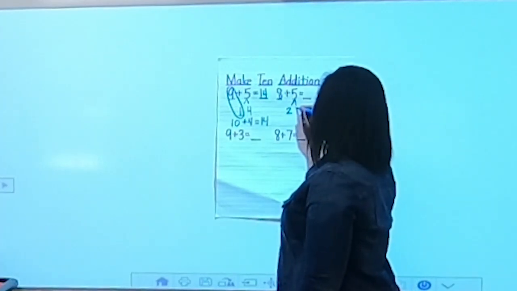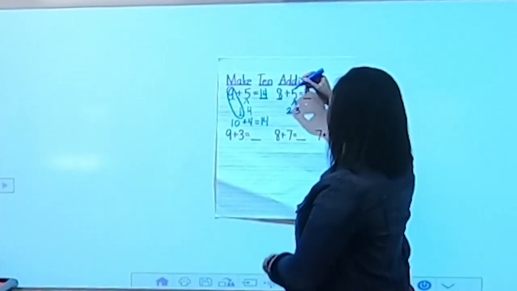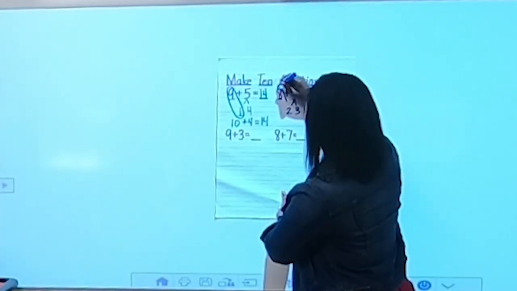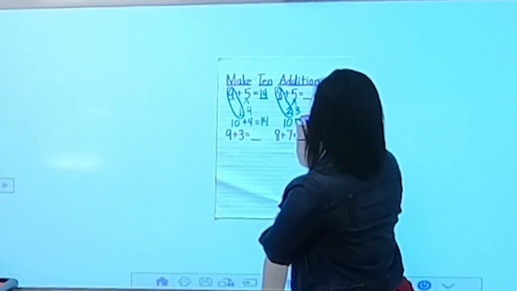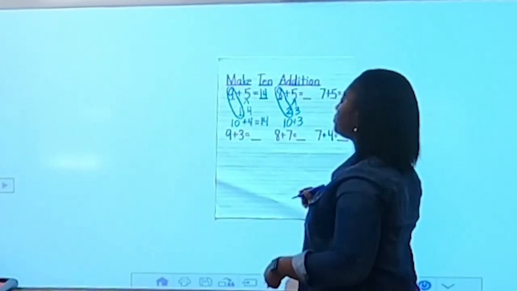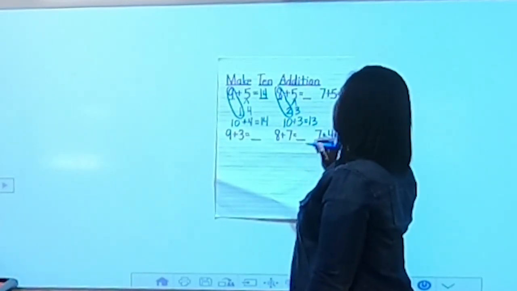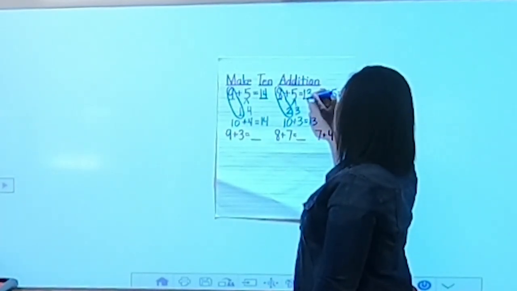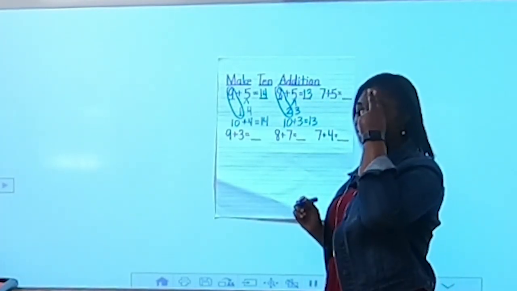Very good. 2 and 3 makes 5. Our next step is to make a 10. And then we add back up our 3. 10 plus 3 is 13. Therefore, 8 plus 5 is also 13. Kiss your brain if you knew that.